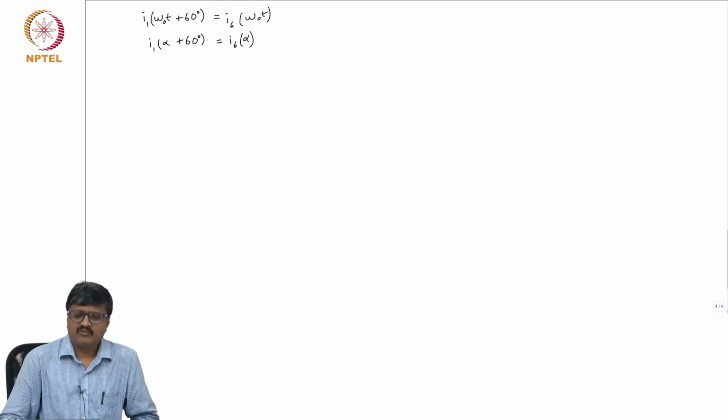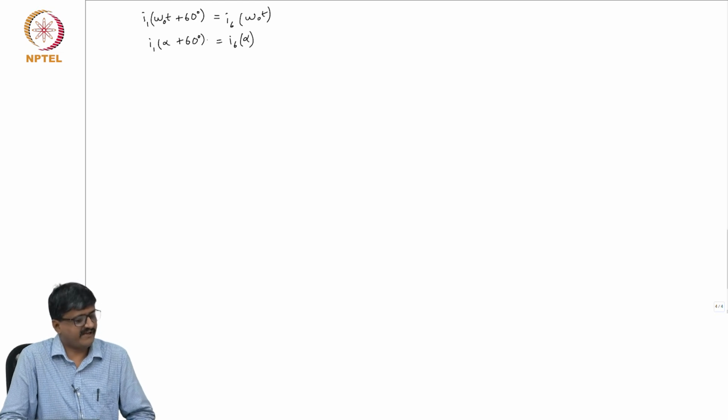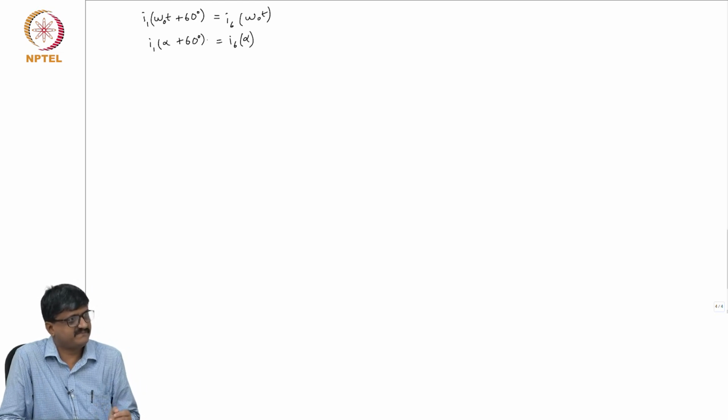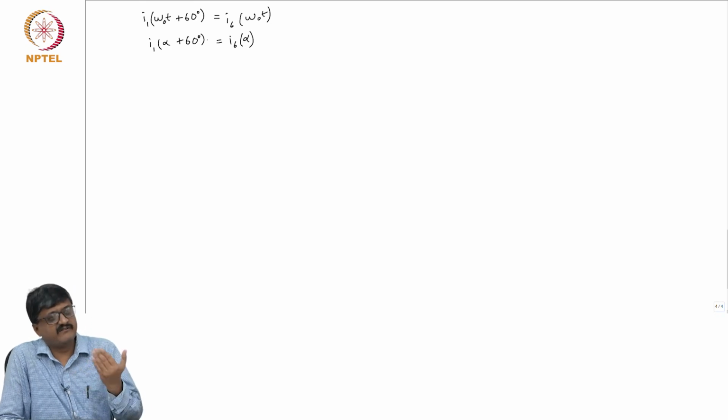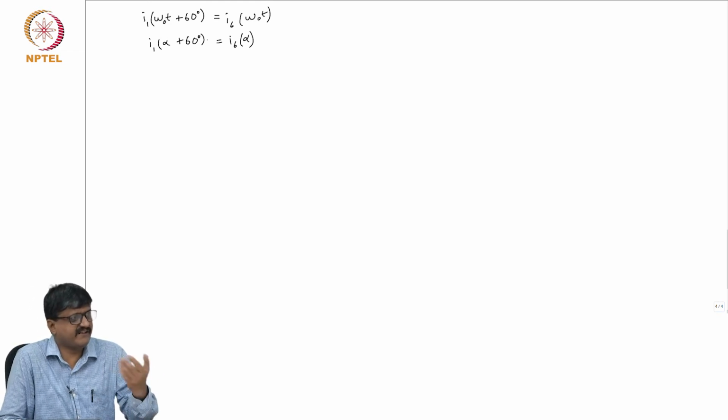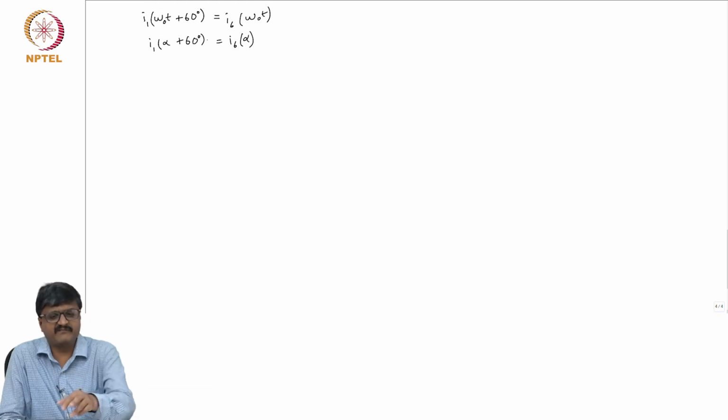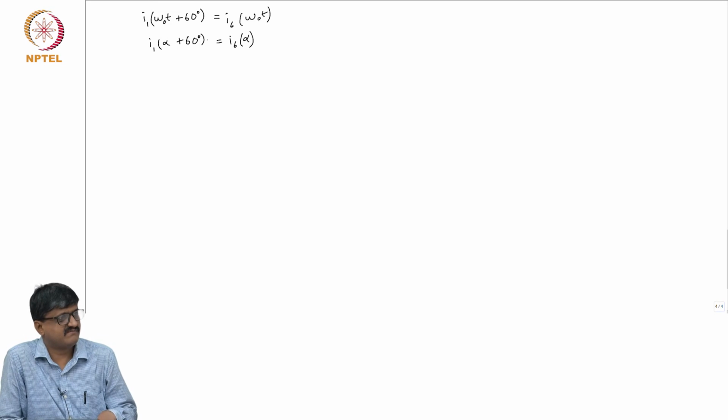Now, I will take the expression for I6 in the first subinterval. So, it starts from alpha to alpha plus u minus 60. So, replace omega ot by alpha in the expression for I6 and take the expression for I1 in the second subinterval, which is applicable from alpha plus u minus 60 to alpha plus 60.